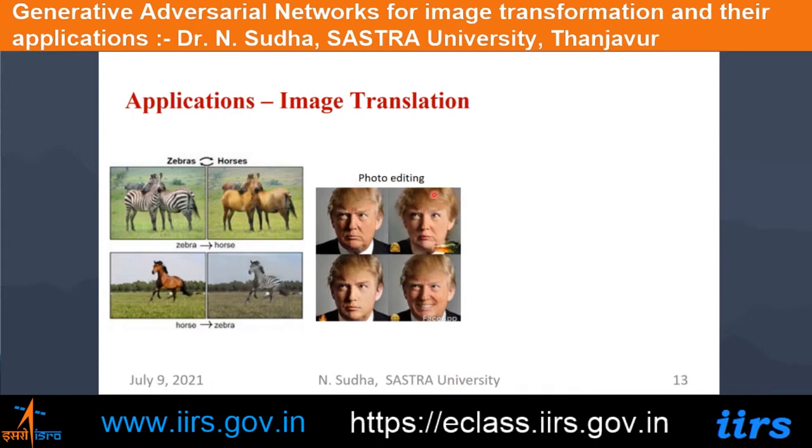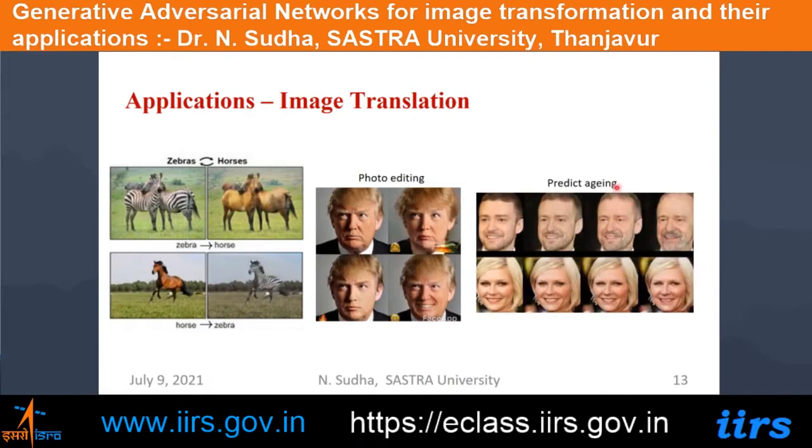It is also useful for photo editing, because with image translation, if you give the image of one person, you can convert this person into a female version, and also a smiling version like this. It is also useful to predict aging.